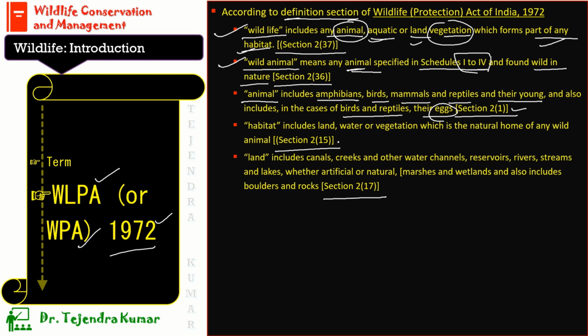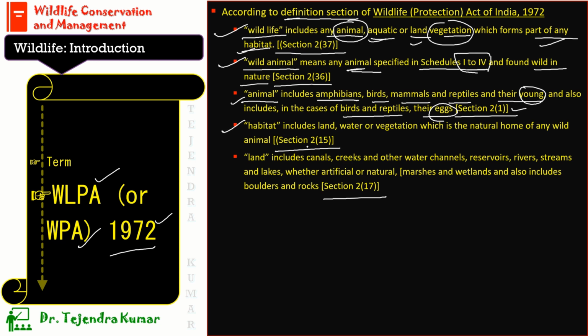So eggs and young are all included because they are already in the natural habitat, or in their nature. They are also part of the animal, so they come under animals.